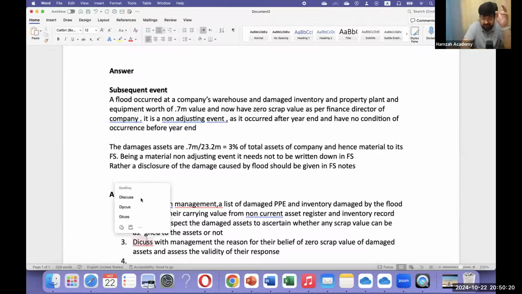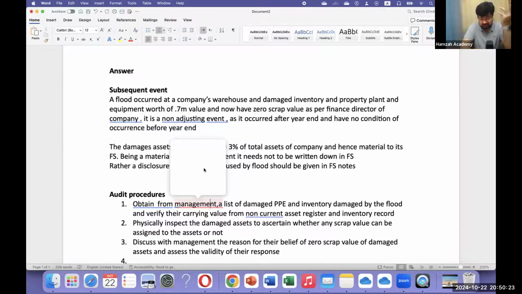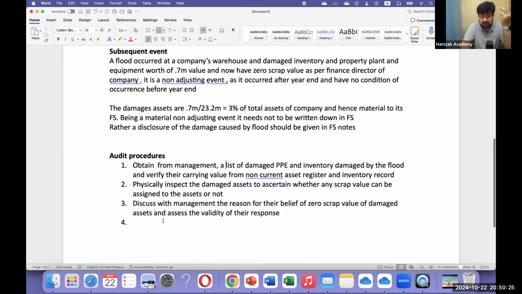We have read three procedures. Now, fourth, we will write, just one coming to my mind. In exam, you will not write more than four.